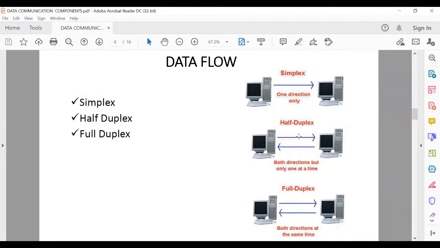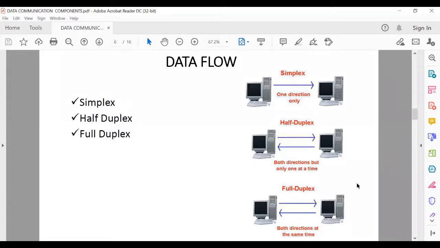When one device is sending, the other one can only receive, and vice versa, in both directions but only one at a time, not at the same time. That is called half duplex, because data can be transmitted in both directions, but not at the same time. A real life example is the walkie-talkie.